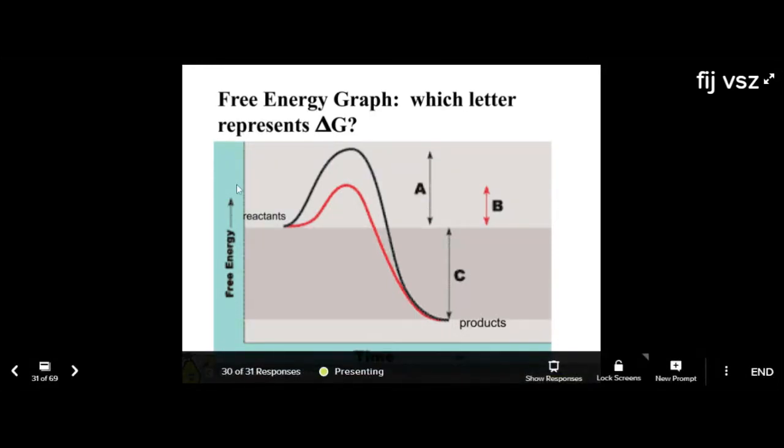And the free energy is usually measured in something like kilojoules. And it's the amount of energy stored in the reactants, in the covalent bonds of the reactant molecules, is a set value right here. And then that amount of energy stored in the products is a set value here. And you can calculate the delta G, which is what C is, the amount of free energy change.